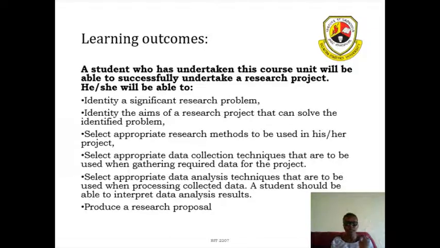So in that example, I've given you three things. I've identified the problem, I have an objective, and then I have identified a method. So I have identified the problem, the objective or the aim, and the method.